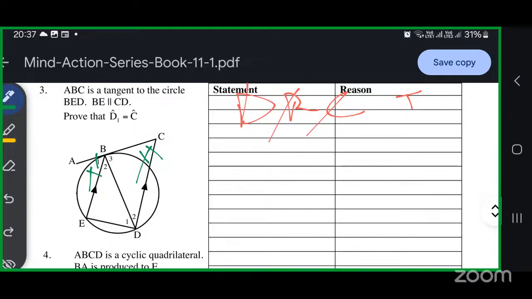Now that angle B1 is equal to angle D1, which is equal to x as well, tan chord theorem. Therefore, this angle C will be equal to D1. They are both equal to x. Then you are done.